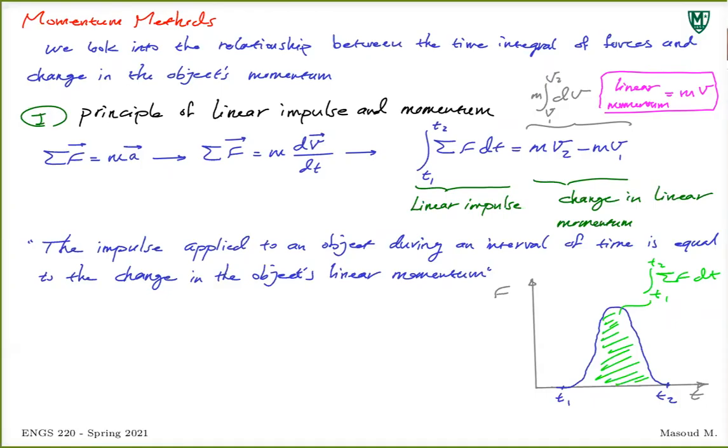You might not have the exact curve of force as a function of time to calculate this integral, but you might have the average force and the time period. Let's say this press is applying 10,000 kilonewtons in 1 second. That would be your average force in a short period of time applied to the system.